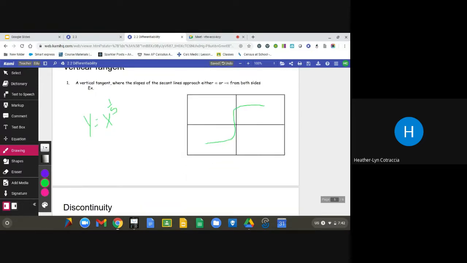Vertical tangent, equation y equals x to the 1/5. It's just an example. Now, it was kind of hard to draw this, but you can see right here, this should be straight up and down. So basically your graph goes in this direction and then it goes in that direction. Well, this section right here where that graph is going to be straight up and down, what do you know about lines that are straight up and down? The slope would be undefined.